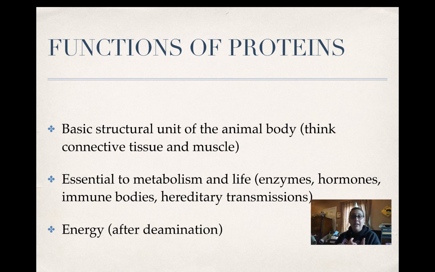How many times have we talked about enzymes in this class? Daily. Hormones, your immune system, especially with everything going on in society, making sure our immune system is healthy. Hereditary transmissions, DNA, RNA, protein-based. And finally, if needed, that carbon skeleton of the amino acid can be utilized as an energy source.